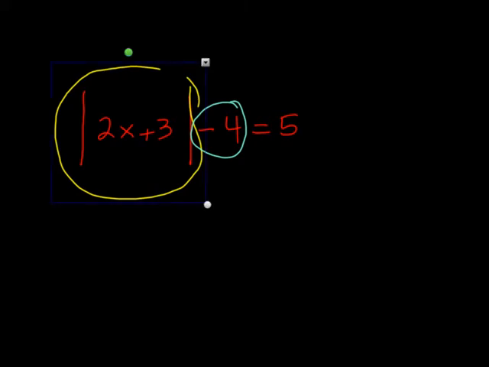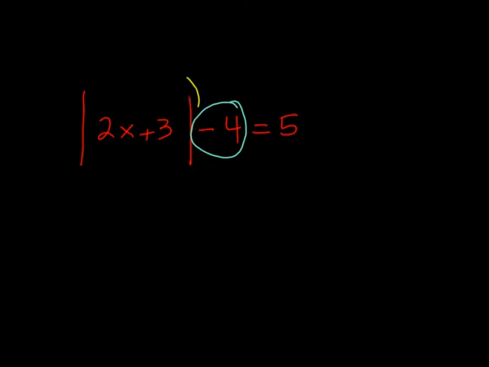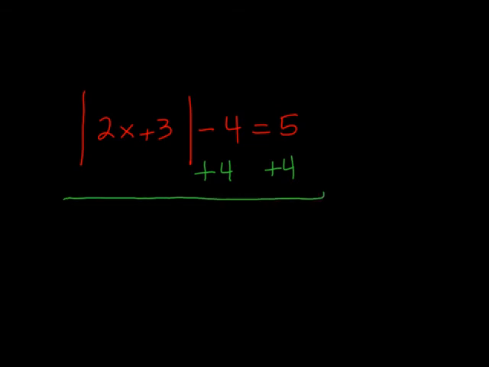So now we've got this absolute value equation, and what we need to do is get rid of that negative 4. So obviously we're going to add 4 to both sides of this equation. And when we come down here, we have absolute value of 2x plus 3 equals 9.